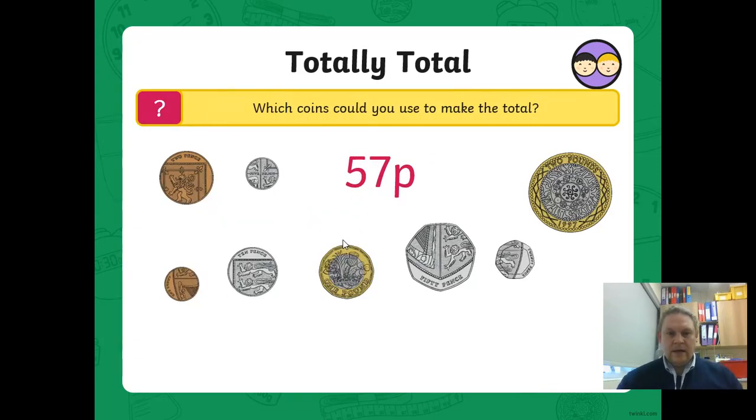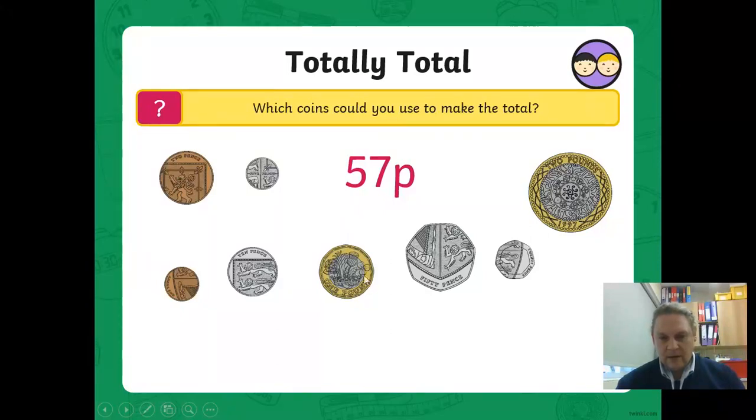Let's have a look at this one. Our target number is 57p, and these are the coins that we can choose from. Again, let's try and find the biggest coin we can without going over our target number. Is £1 going to work? No, it's not. We can't use £1 because that'd be too much. £1 is 100p.